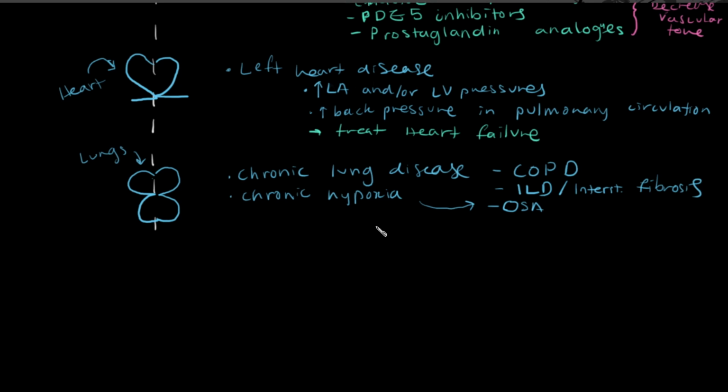The management of this, and this is where things start to get a little bit easier, is just treat the underlying lung disease. If you treat the COPD, you treat the ILD as best you can, and the OSA with CPAP, you will improve it somewhat, but ultimately a lot of these conditions are not reversible, so do what you can.